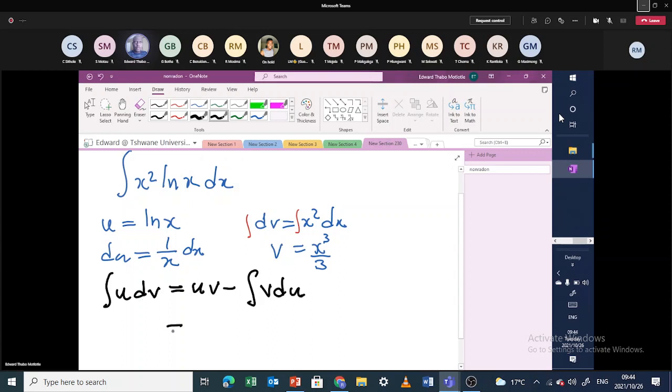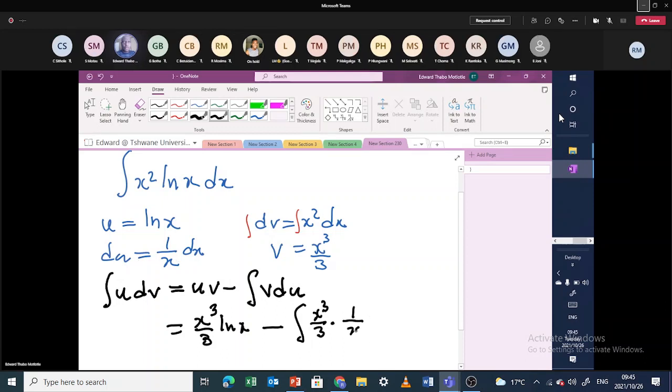Now we substitute our u and v. u is ln x and v is x to the power 3 over 3. So it's x to the power 3 over 3 ln x minus, we substitute our v, the integral of x to the power 3 over 3 multiplied by our du. du is 1 over x dx.